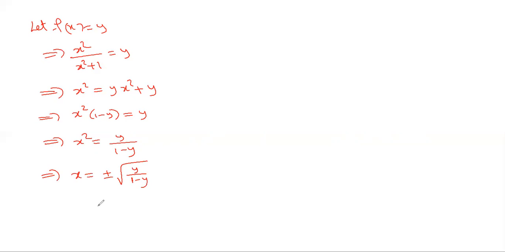After writing like this, x should be a real number. The domain of that function is clearly all real numbers. For x to be real, the expression inside the root, y by 1 minus y, should be greater than or equal to 0. You can have 0 inside the root, not a problem, but you can't have 0 in the denominator.